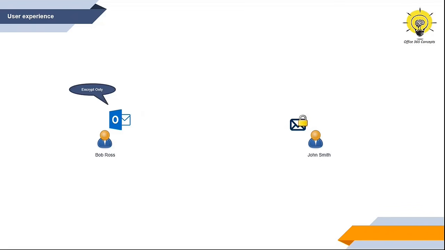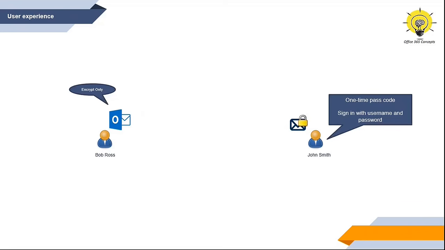In order to access the contents of the email, John will have to verify his identity. John can either use one-time passcode or he can use his username and password to prove his identity. And once his account is validated, John will get access to the email contents.